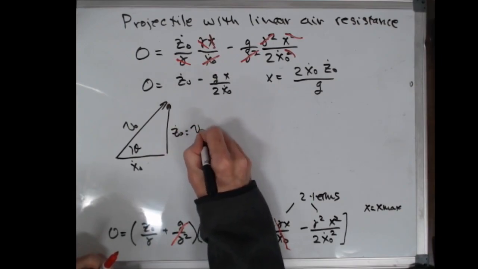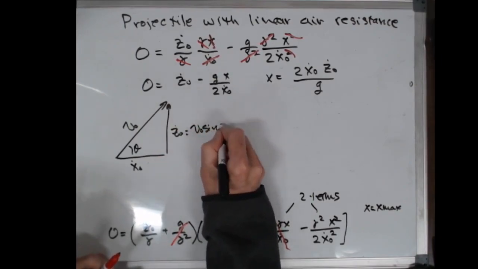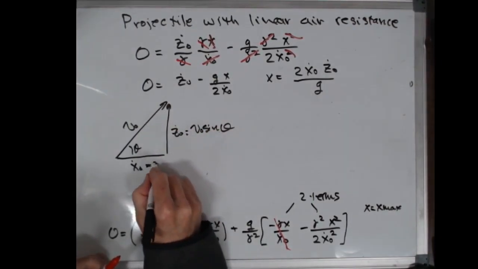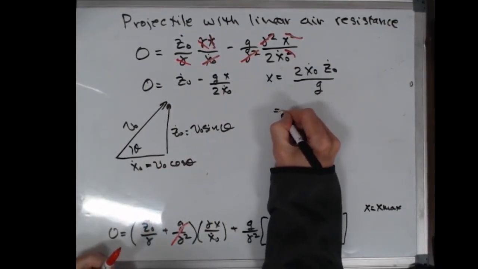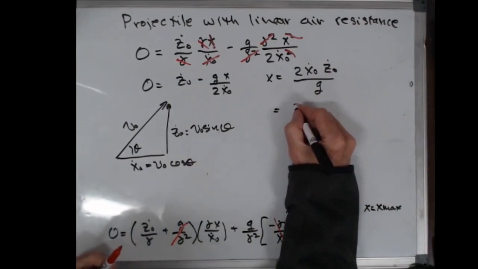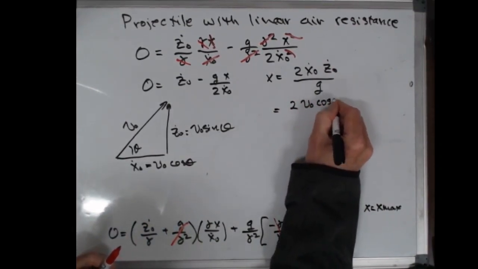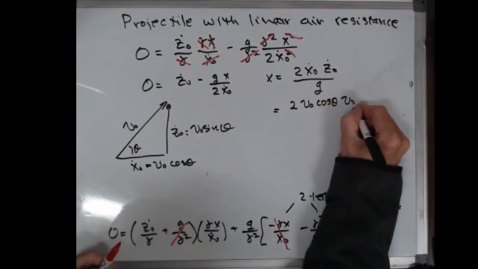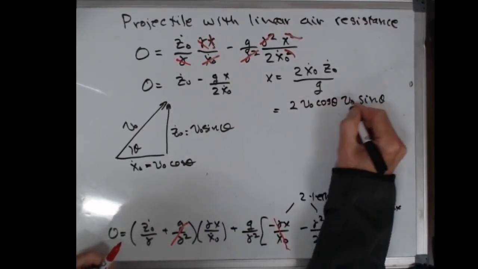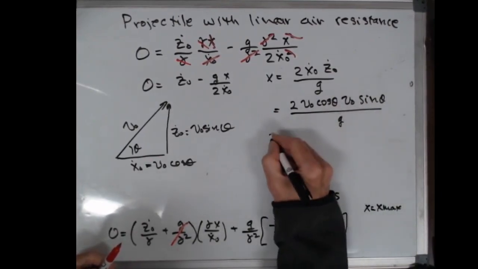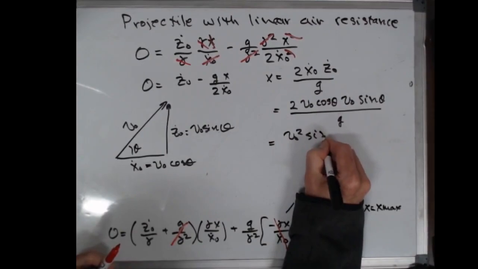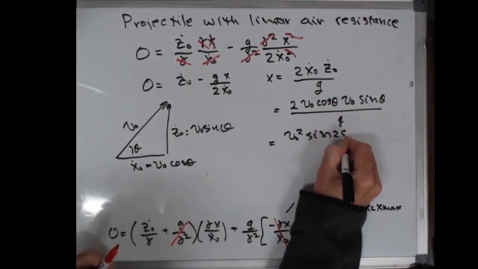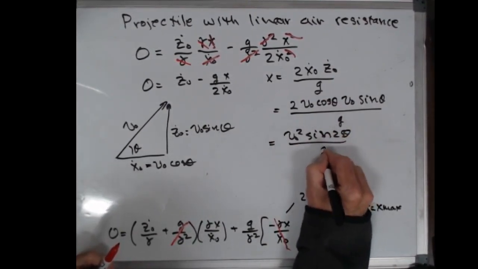This is equal to v naught sine theta, and this is equal to v naught cosine theta. And so this simplifies to 2 v naught cosine theta times v naught sine theta over g, and this is equal to v naught squared sine of 2 theta over g.